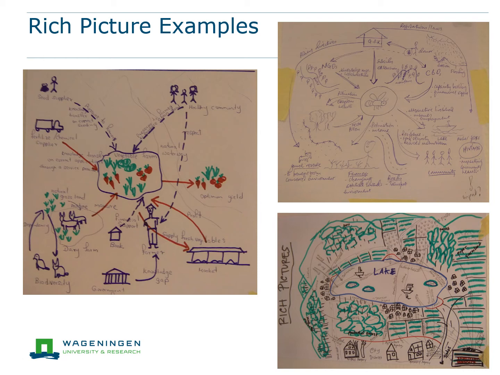And then around that central key issue, different other types of information and variables are built up. Actors that are involved, the factors that are influencing the case, the relationships are drawn with arrows, and different pieces of information. You see, there's also written text, but there are also a lot of illustrations, pictures, and drawings that are making the rich picture.